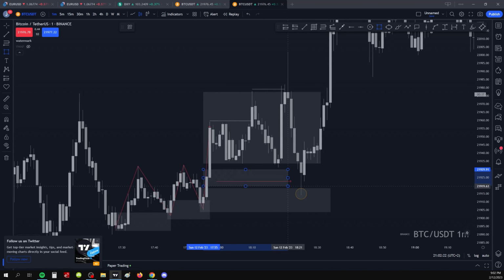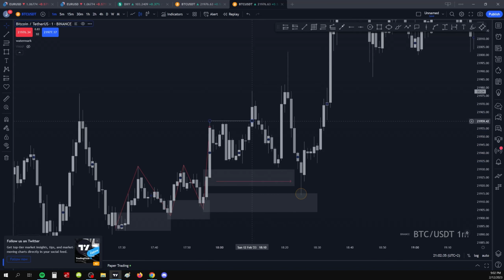For what? For them to take it out and mitigate this candle. Okay, this is like the big picture, but now let's see the smaller ones.